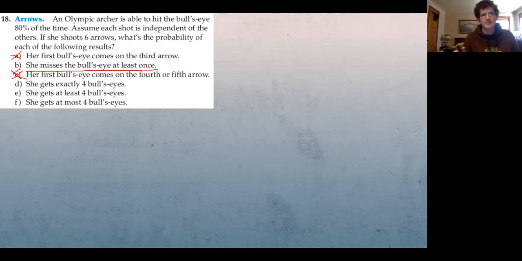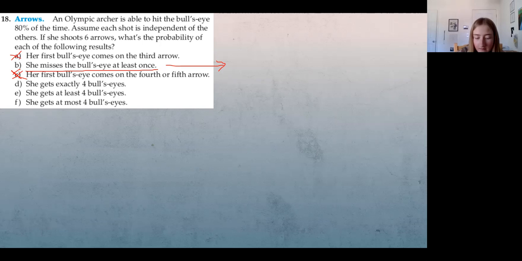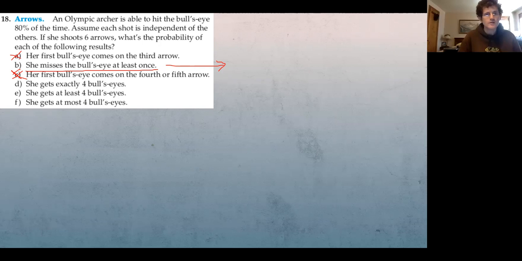Which function should we use? Binomial PDF or binomial CDF? CDF. All right, CDF. And there is a way of solving this with PDF, and maybe we'll talk about that.